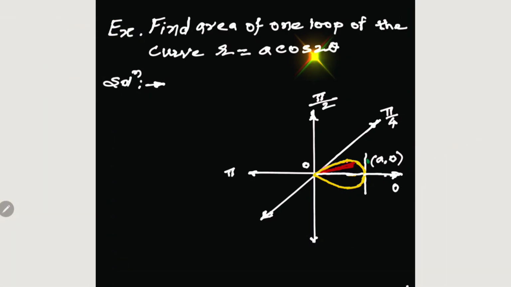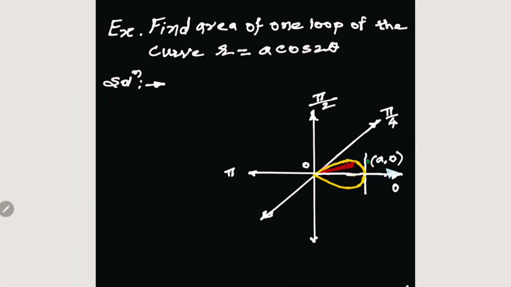Then we take pi by 4. When theta is pi by 4, 2 times pi by 4 becomes cos of pi by 2. What is the value of cos pi by 2? It is 0, and therefore r becomes 0. Therefore, we get the pole as one of the points.